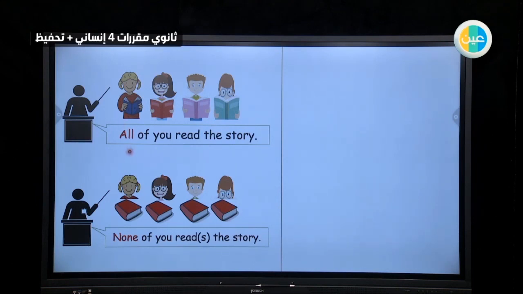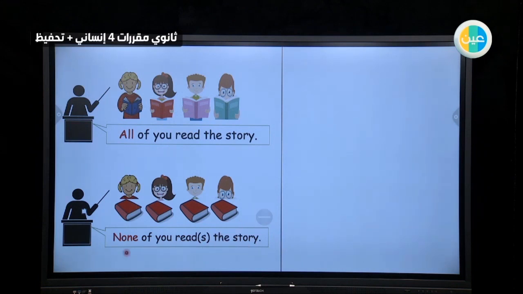So what about all here? All is used for more than 2 people, things, or ideas. Maybe 3, 4, 10, 100. The opposite of all is none. None of you read or reads the story.